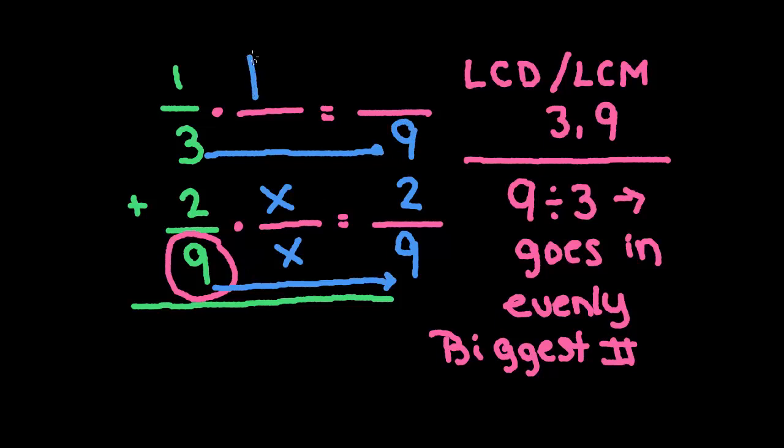I tell students to think of this sort of as a changing booth here. And I tell them, what is it that 3 needs? Remember, this is a multiplication sign here. What does 3 need to multiply by in order to get to 9? The student usually can say, well, 3 times 3 is equal to 9.